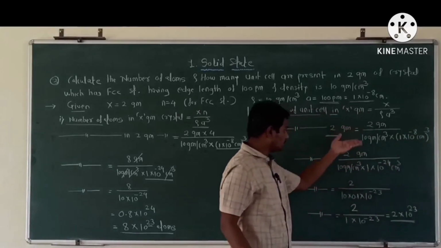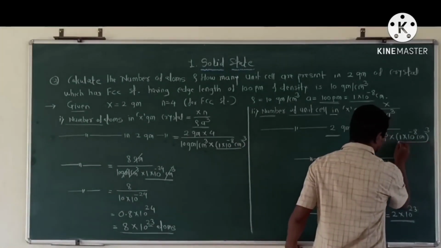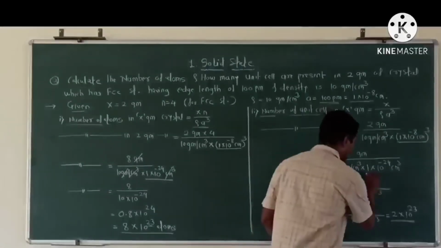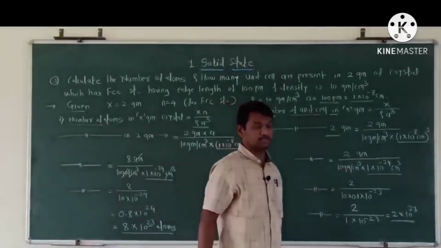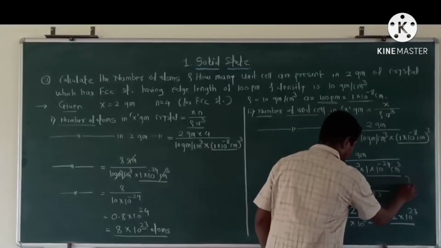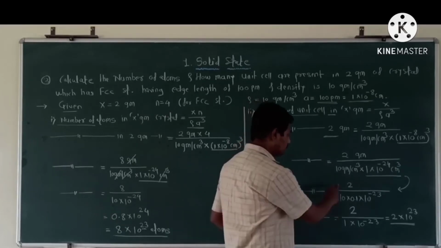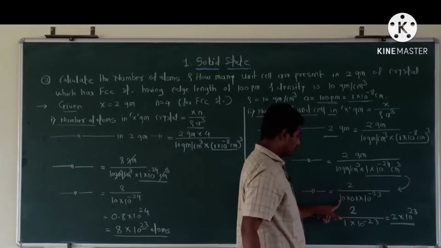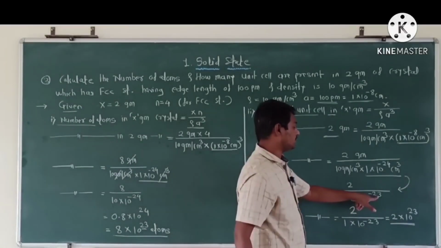Now solve this equation. First of all, solve this bracket. After solving this bracket, we get the value 1 into 10 raised to minus 24 centimeter cube. We get the next equation: 2 divided by 10 into 0.1 into 10 raised to 23.